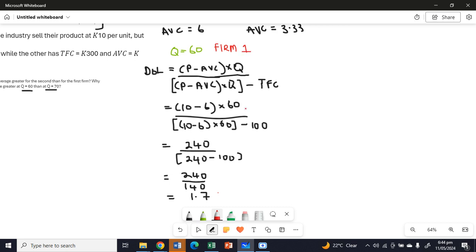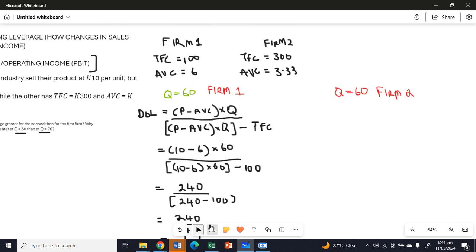Okay, let's go to firm 2 with a quantity of 60 units. Now, one thing I also need you to remember here is that firm 2 has higher fixed costs and a lower variable cost.